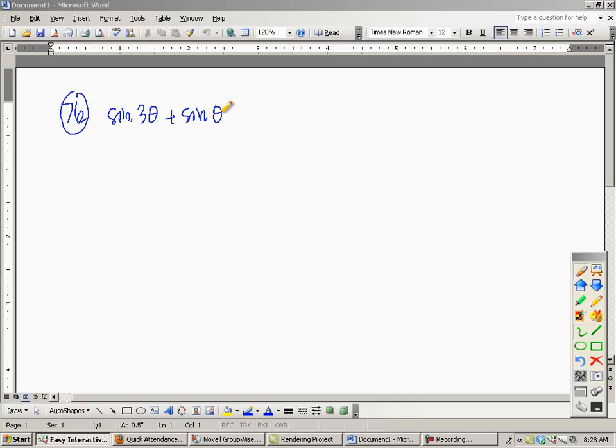Now, let me go back. You want your formula sheet to be able to figure out, okay, this is a sum to product. So I look at my sum to product, and here's what I'm looking at.